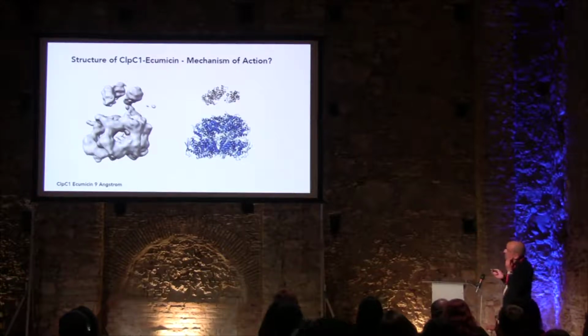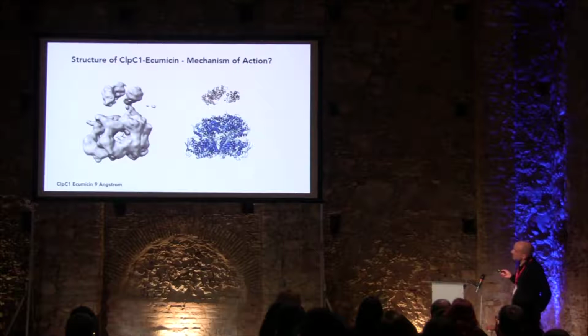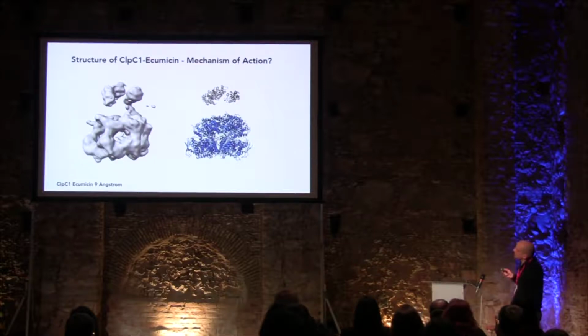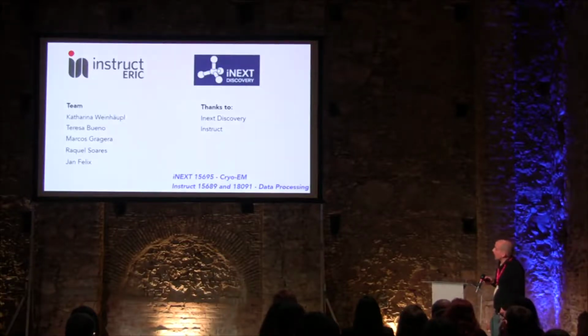And this is my speculation, or you can call it a good speculation. I think, for example, it's going to explain the mechanism of action of ecumicin, because ecumicin is a big molecule. It may mimic a substrate by binding to the NTDs and putting them in this position. But of course, we need more data to support this speculation.